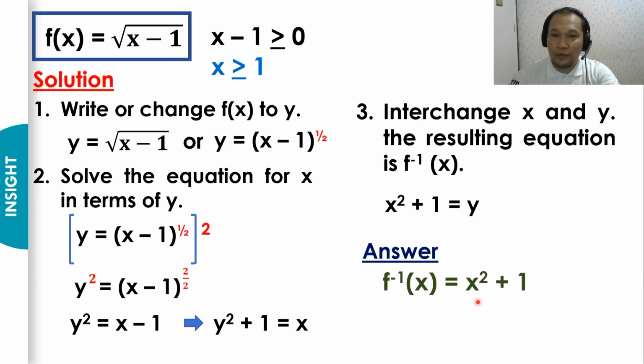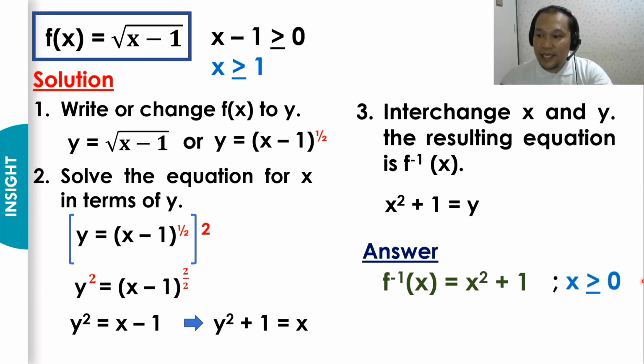Therefore, we are going to provide a restriction. And then our restriction for x will be x is greater than or equal to 0. Meaning to say, the values that we are going to assign for x will be from 0 to positive infinity, so that it will satisfy the definition of an inverse function, that is, one-to-one function or one-to-one correspondence.